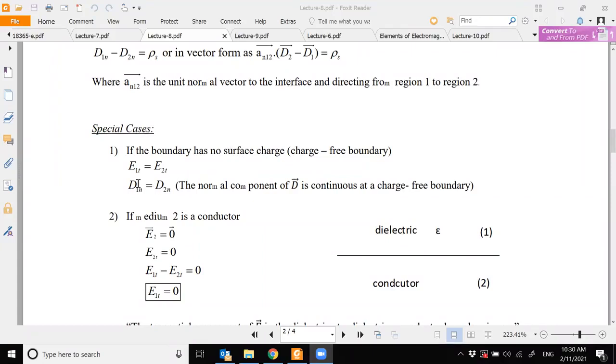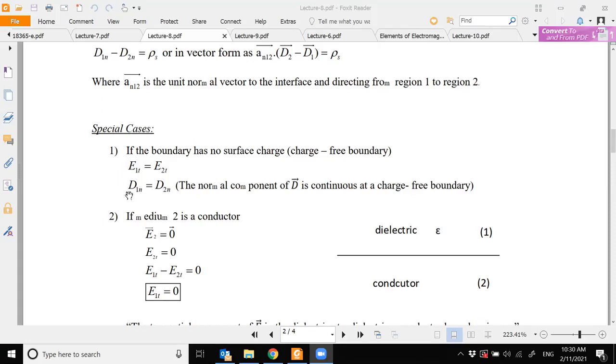In this case, E1 tangential is equal to E2 tangential and D1 normal is equal to D2 normal. That means now I can say that the normal component of electric flux density is continuous at the charge-free boundary. See, electric flux density, not electric field, electric flux density. Because in electric field, again, the normal component of electric field will still be discontinuous. Why?